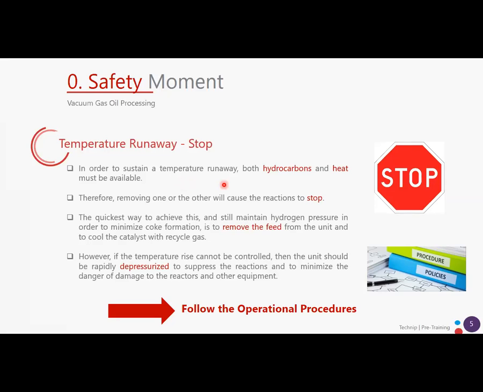So the idea was to give you a little bit of background on temperature runaway, because you will see it a lot when you study the operating manual and the operating procedures. That is the main concept of temperature runaway.